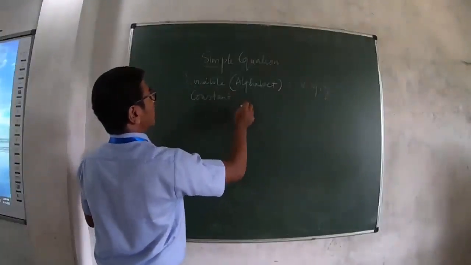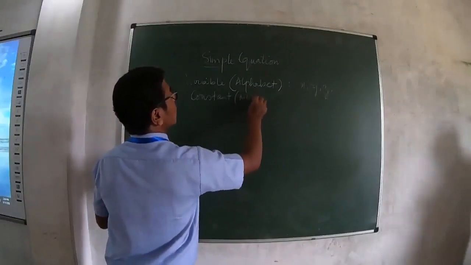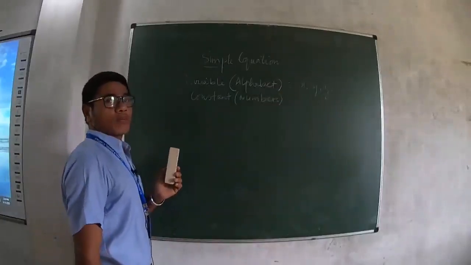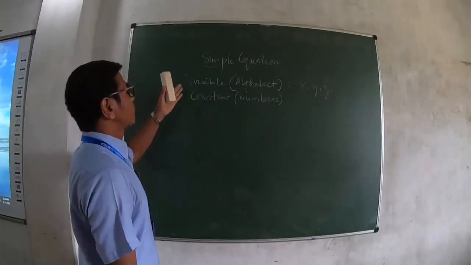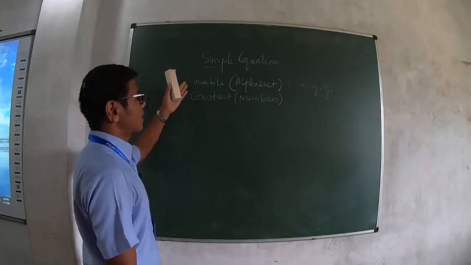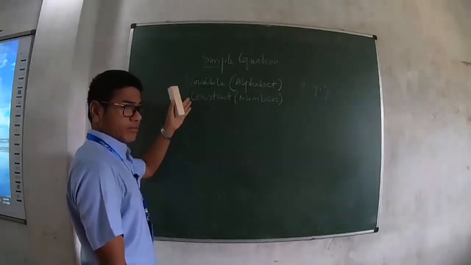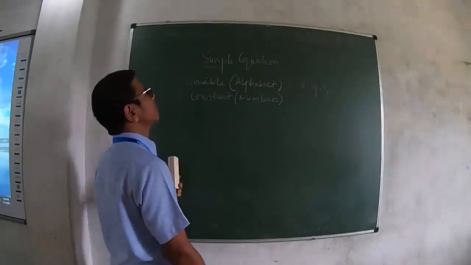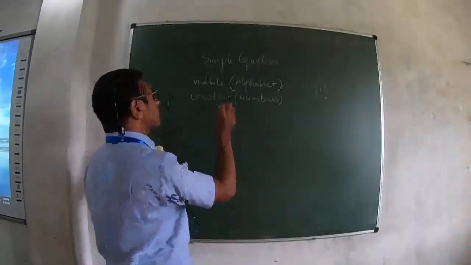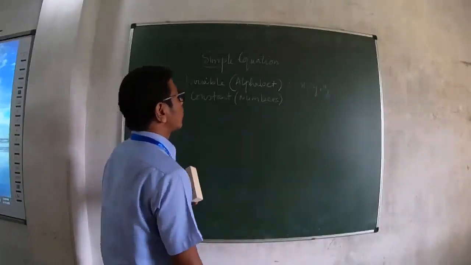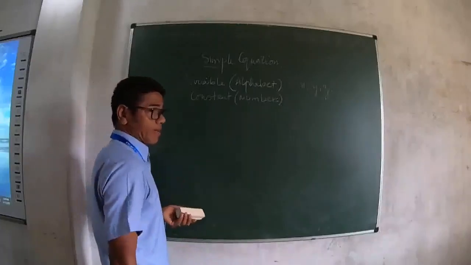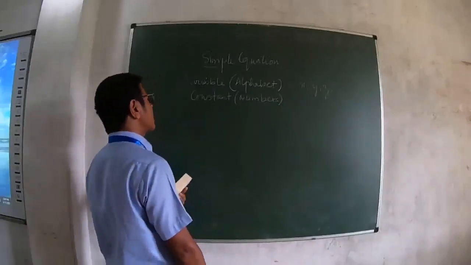Those are numbers. I repeat for you, in this chapter you will be talking about variable and constant. In simple equation, I would like you to know some formulas or tips to learn this exercise.